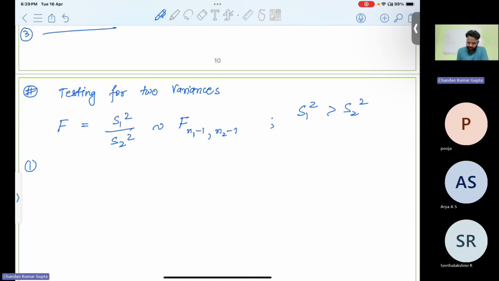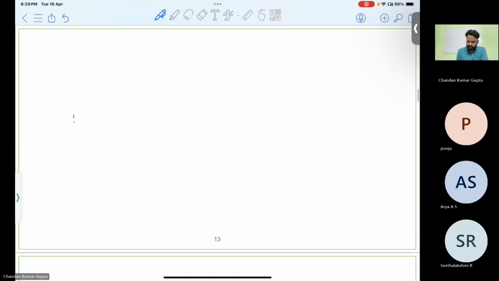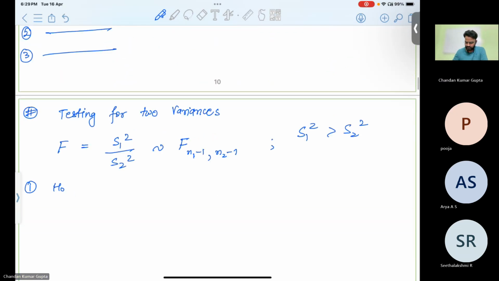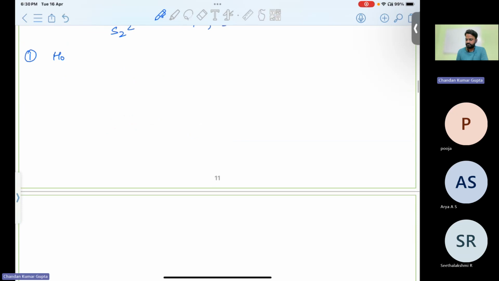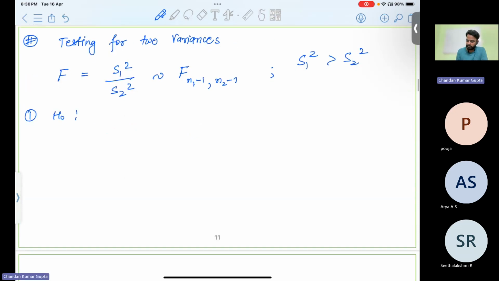Again, three possible hypotheses will be like this. The first: the null hypothesis is sigma 1 square is less than or equal to sigma 2 square.